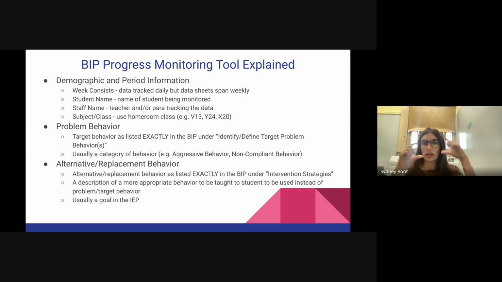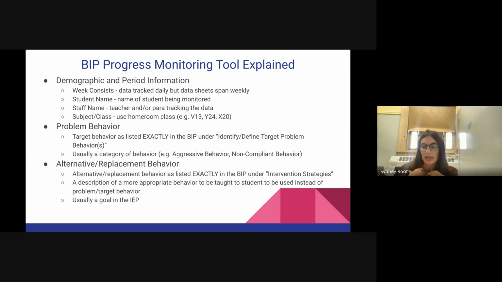Then underneath, you'll see problem behavior, and this is the target behavior that is listed exactly in the BIP under identify/define target/problem behavior. It is coming directly from the BIP. It is what is written, what we inherit when we get new students. That is typically a category. Two of the most common you'll see are aggressive behavior and non-compliant.